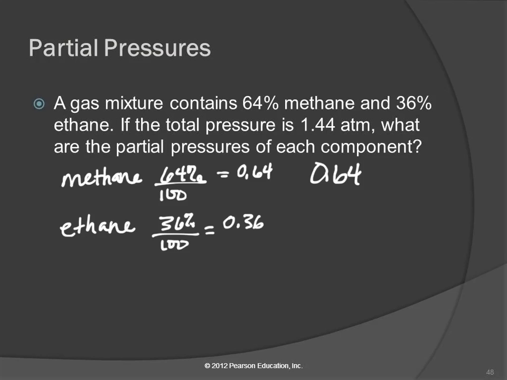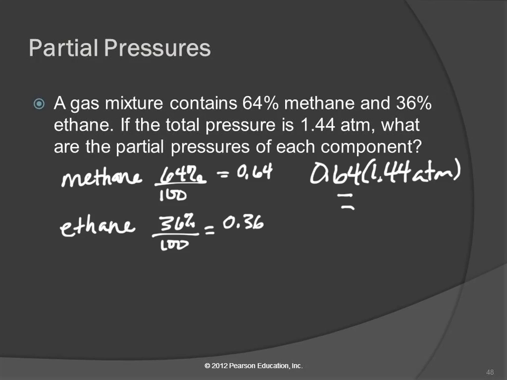So to find the partial pressure, we're going to take the fractional composition, 0.64, times the total pressure. If it was half methane and half ethane, the pressure of each would be the same, and they would each contribute half the pressure.